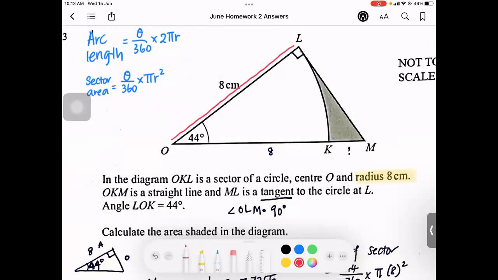If you look at the circle, only this portion is the radius. OK is 8. A lot of students will think, oh, OM also 8. Sometimes during the exam they panic, then they take that one as 8. It's actually not correct. So whenever there is the word radius, you must be very careful.